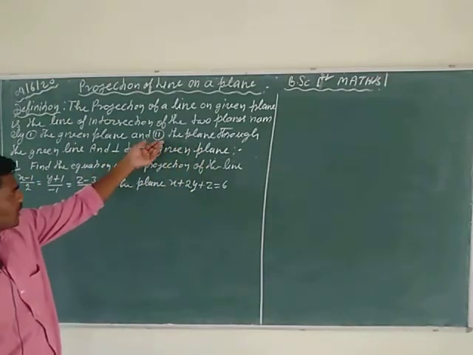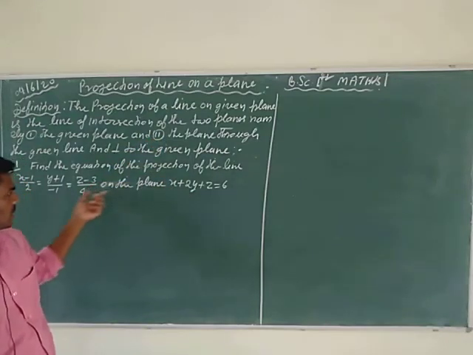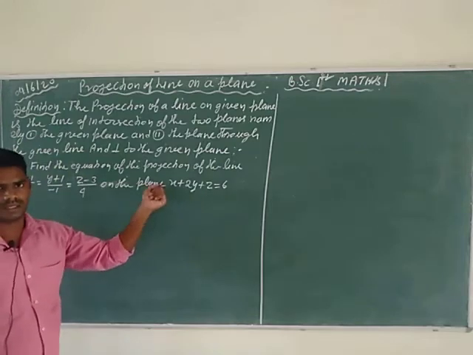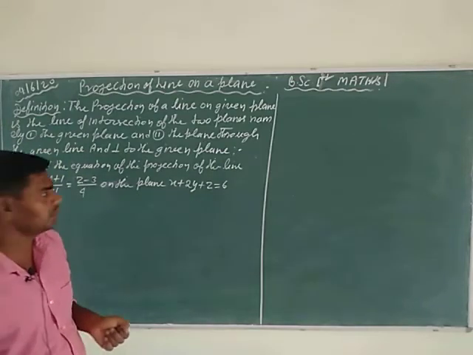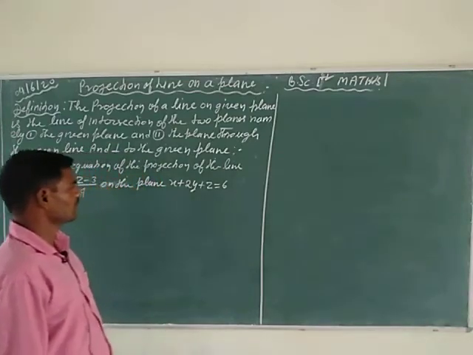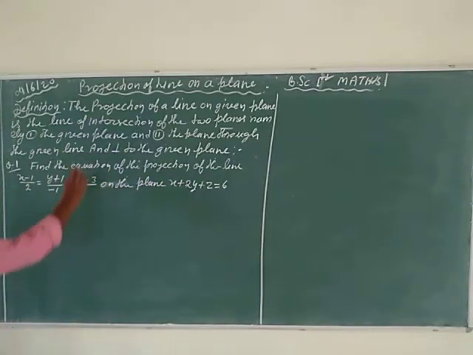So in the second point the plane is this and the straight line is this, and in the first point the plane equation is this. Find the projection of this line on this plane. So according to the definition, I try to solve this question.